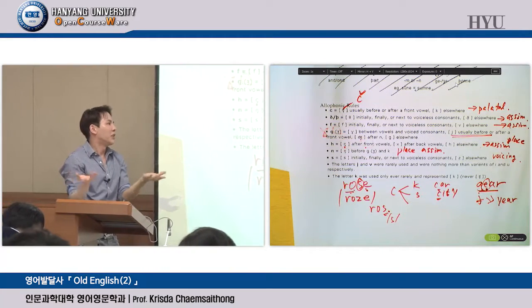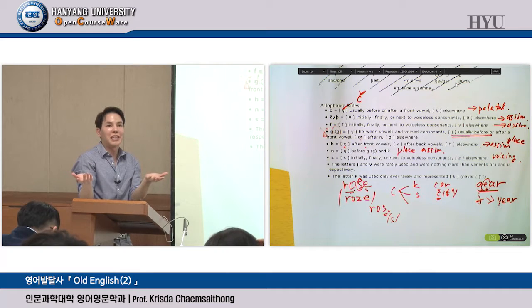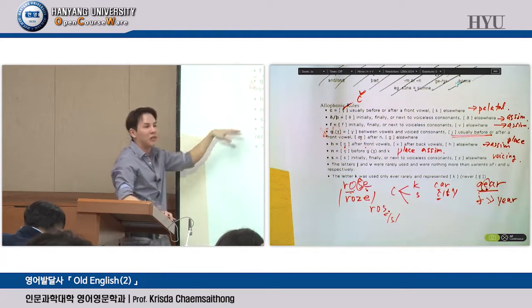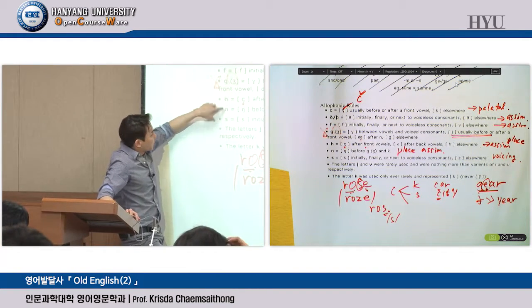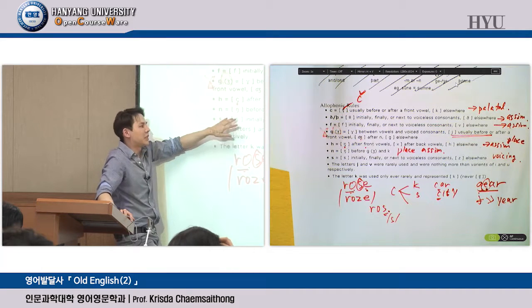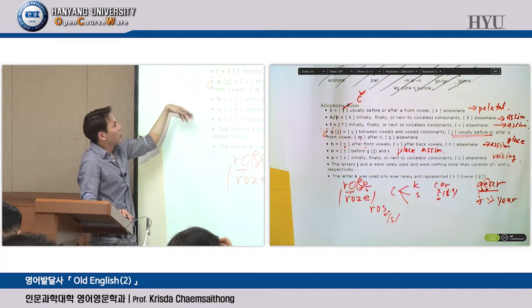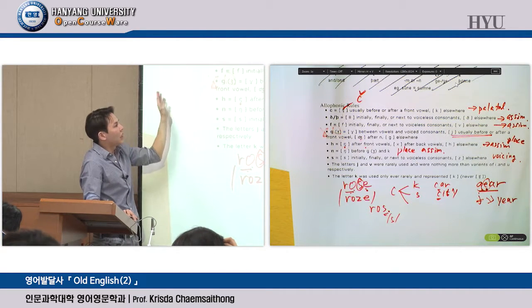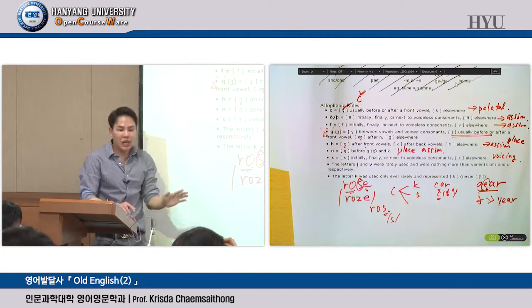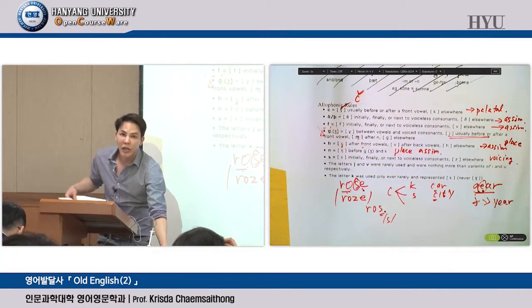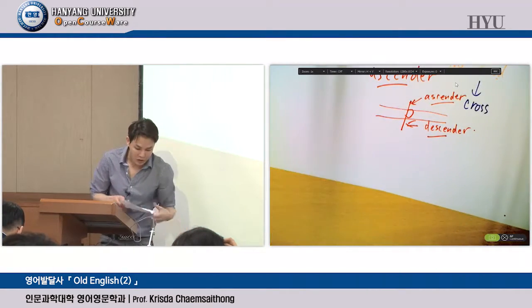Nobody is a real native speaker of Old English in this class or in this world, right? So the S, sometimes it's S or sometimes it's a Z depending on where it is, right? So apart from these, everything is pretty much like English phonetic transcription.